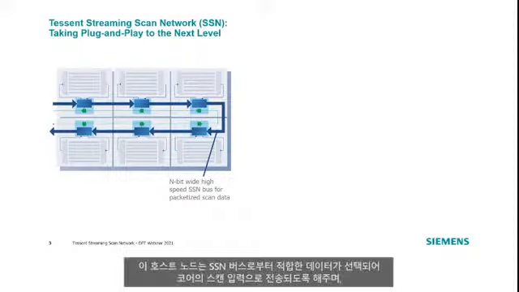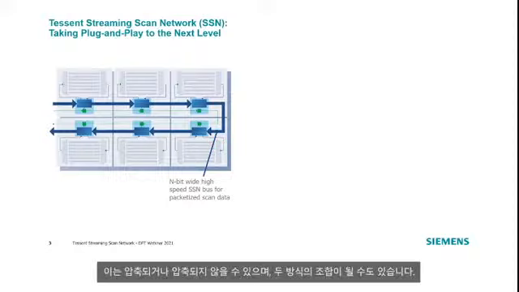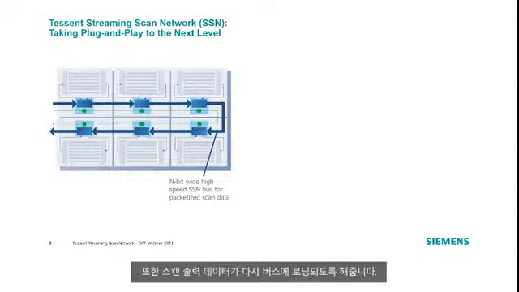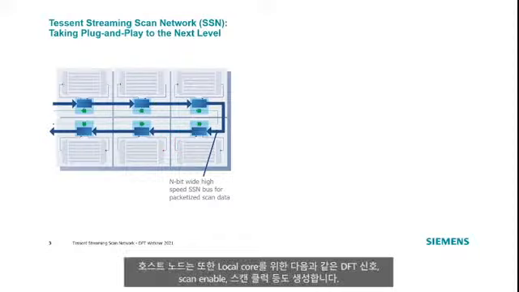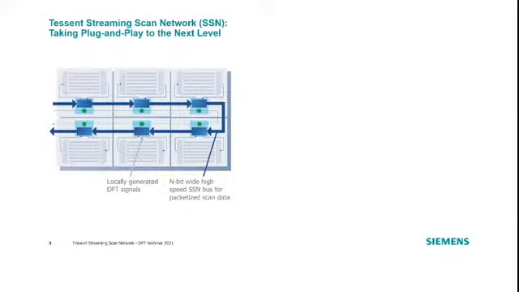This host node ensures that the right data is picked up from the SSN bus and sent to the scan inputs of the core. It could be compressed, uncompressed, or a combination of both. It also ensures that the scan output data is placed back onto the bus. The host nodes also generate the DFT signals locally: scan enable, scan clock, and so forth.